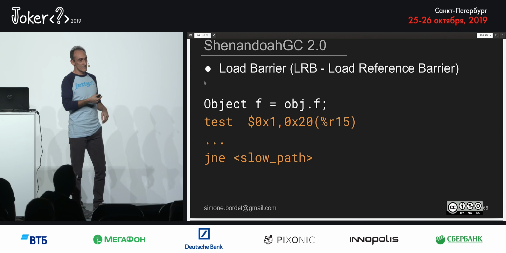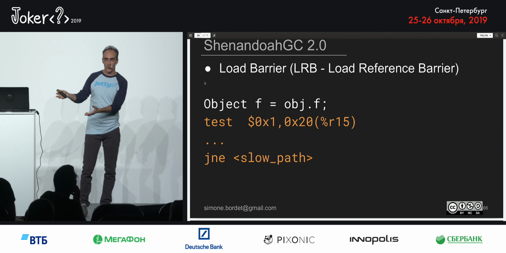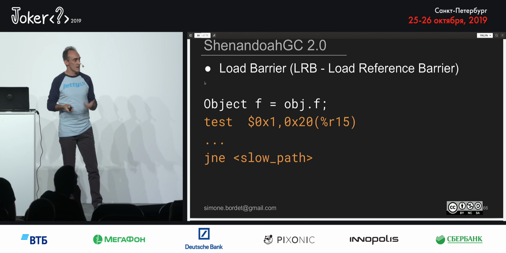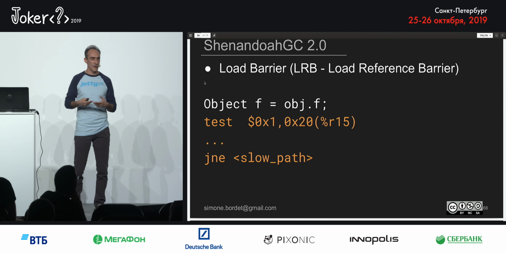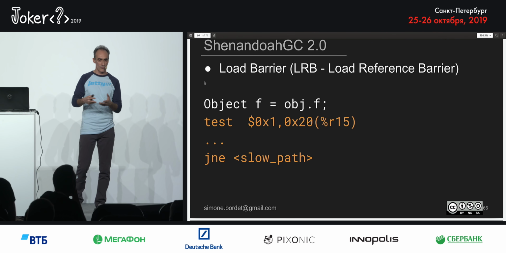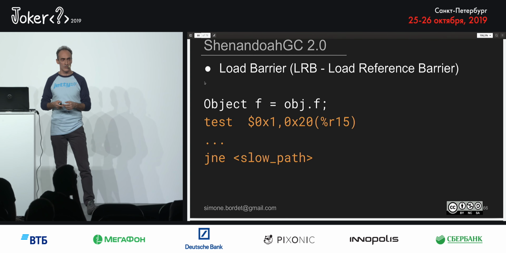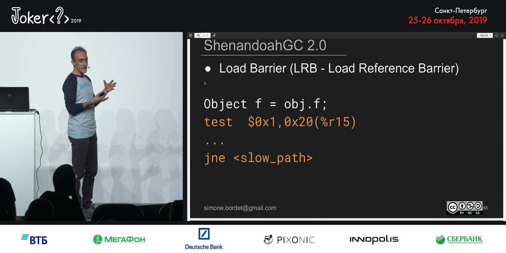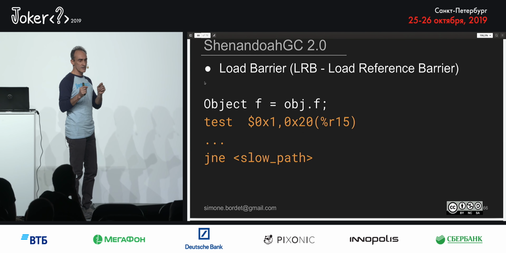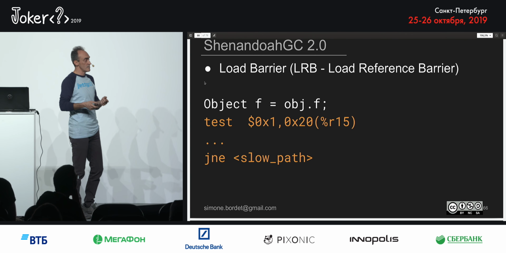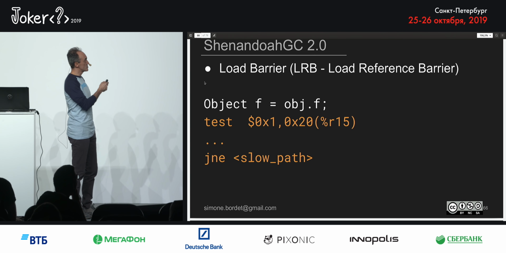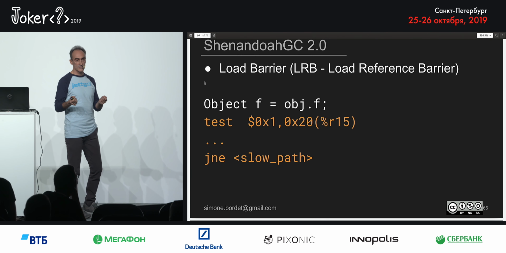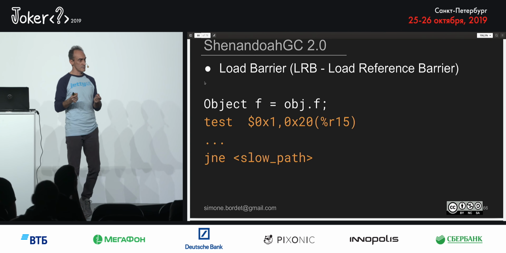And if so, then I have to do some slow action. Otherwise, I'm free to continue to load and read from this object or write to this object. We're all good. So again, the barrier is complicated, but the first check, which will pass most of the time and fail most of the time, is a very quick check. It's just a test operation against a fixed thread local metadata information.